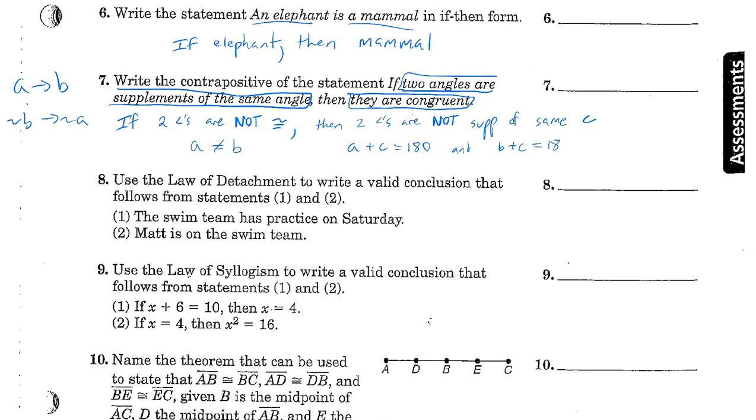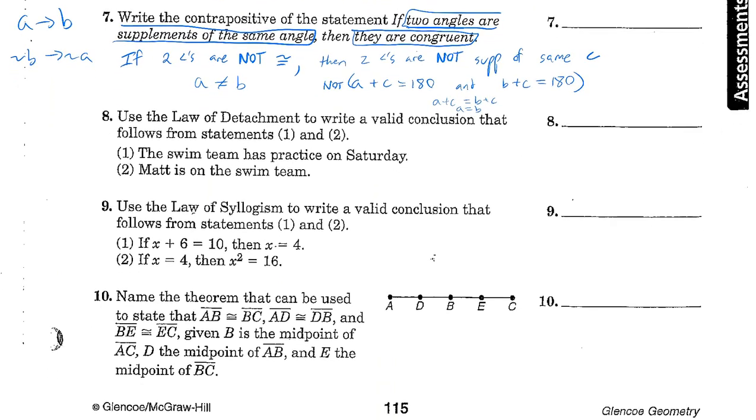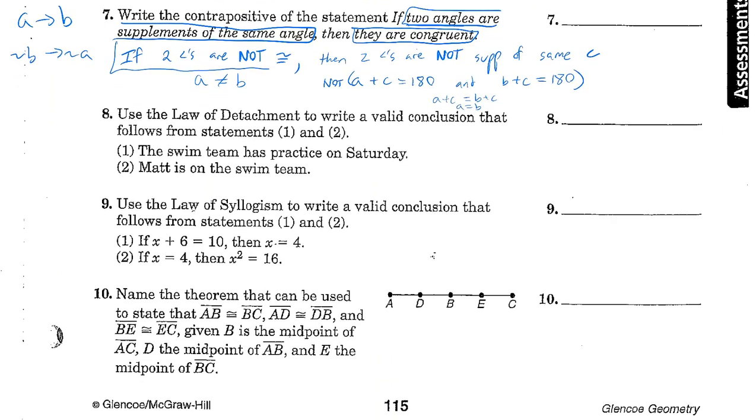That can't be true, right? Because if that was true, we could go, well, that means A plus C equals B plus C. Subtract, that means A equals B, right? So that can't be true. That's the idea. But you just really put the word not in front and switch the order. Okay. But that's a long one. So this is the answer there.